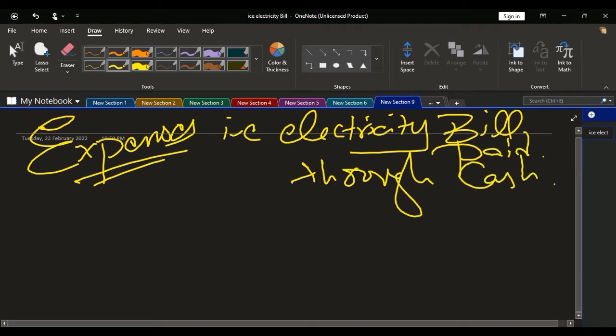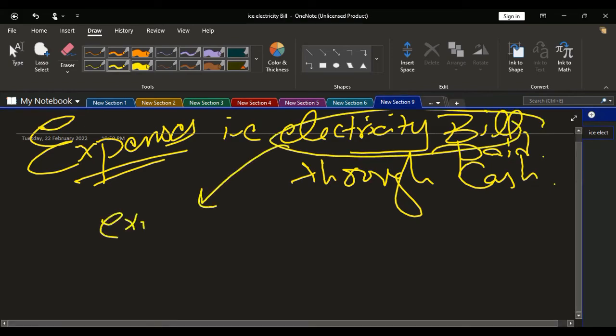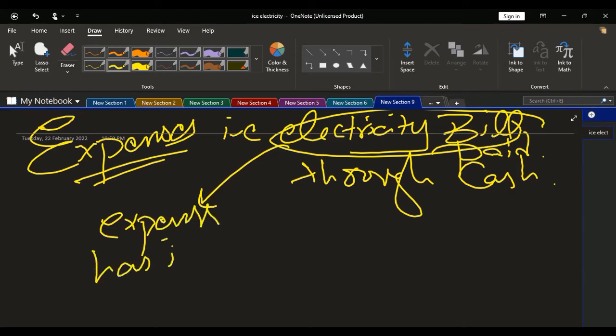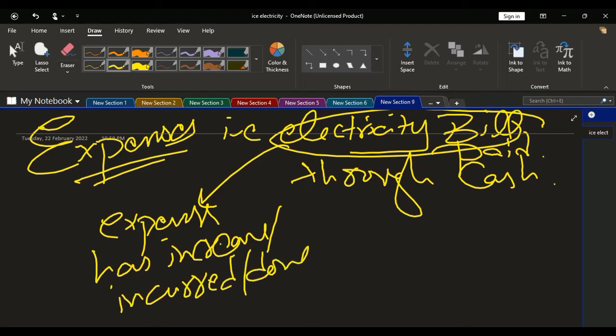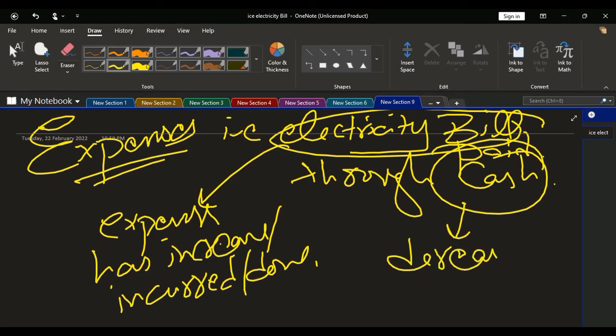Then two aspects of the transaction will be: firstly, electricity bill expense is increased or incurred, and the second one is that business cash decreases, that is a business asset.